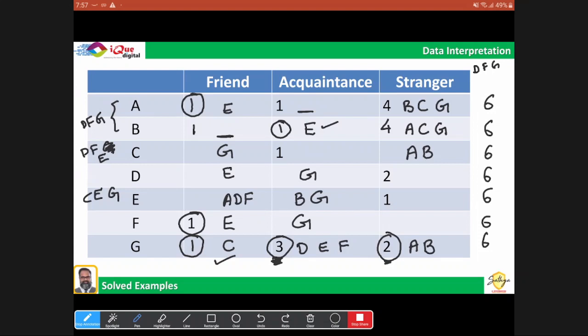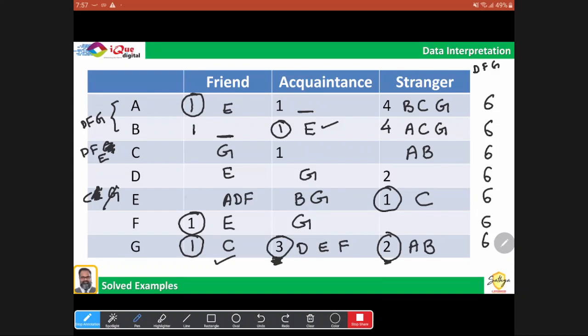Okay. Now take a look at E. For E, I have got A, D, F, I have got B, G, right? That means G and F. So now what is left? For A, 1, 2, 3, 4, 5, 6 are established. That means the only thing left is C. E is also not there because E is self. So now this is also established.